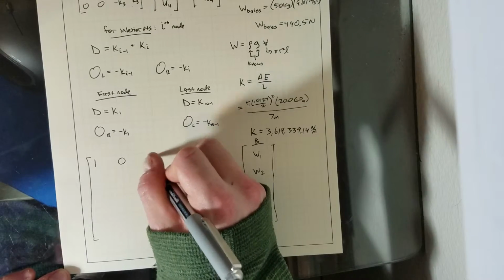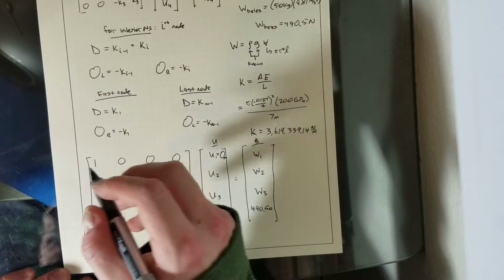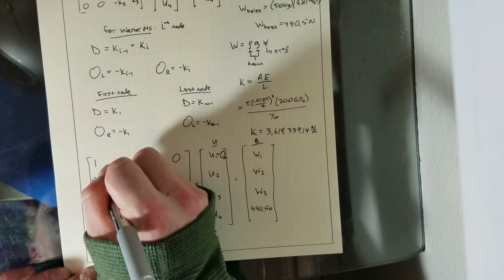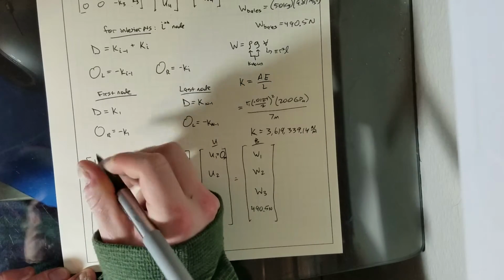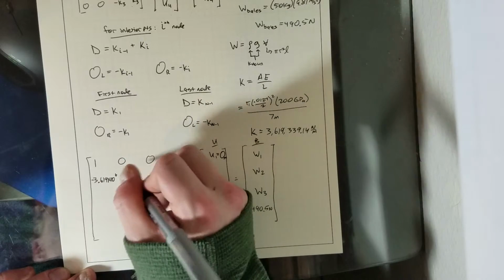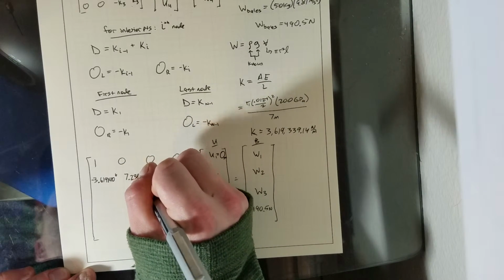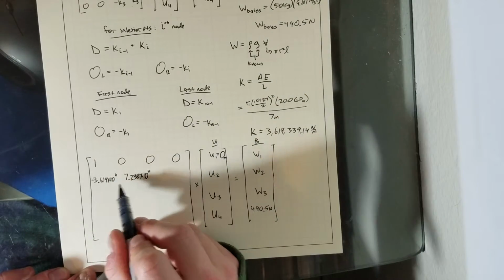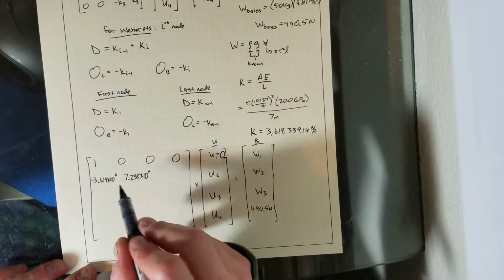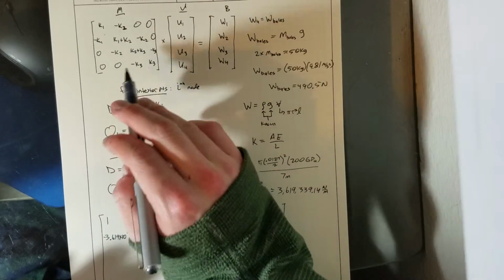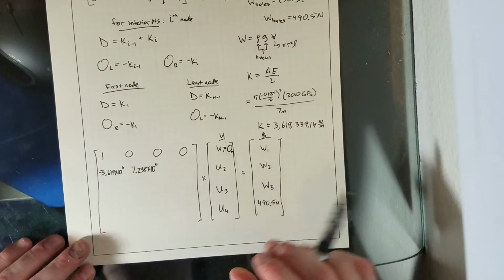So we're going to get a 1, 0, 0, and then we'll start looking at the pattern. And then these are just the K values, and this is the K value times 2 because we have K1 plus K2 up here, and both K values are equal.